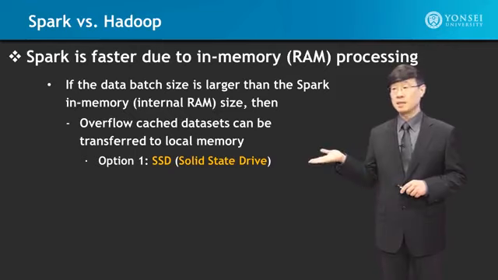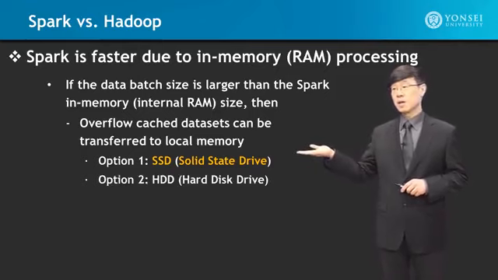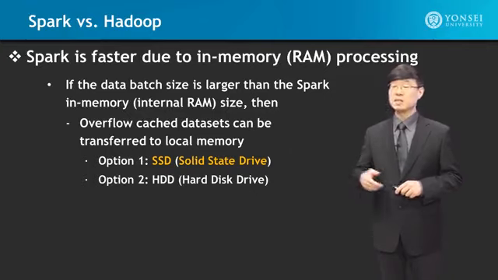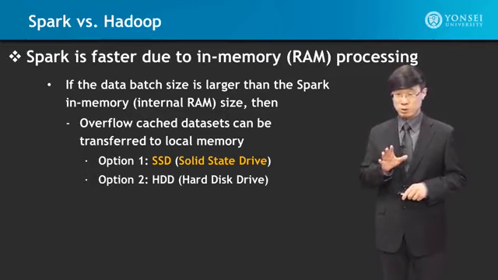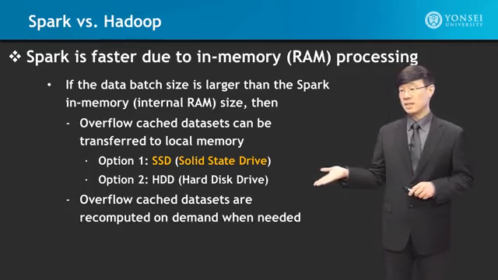Option 1 would be a solid-state drive, and option 2 would be a hard disk drive. Of course, the SSD is preferred as option 1 because it's much faster, which we will soon look into in the speed options. Overflow cache datasets are recomputed on demand when needed.